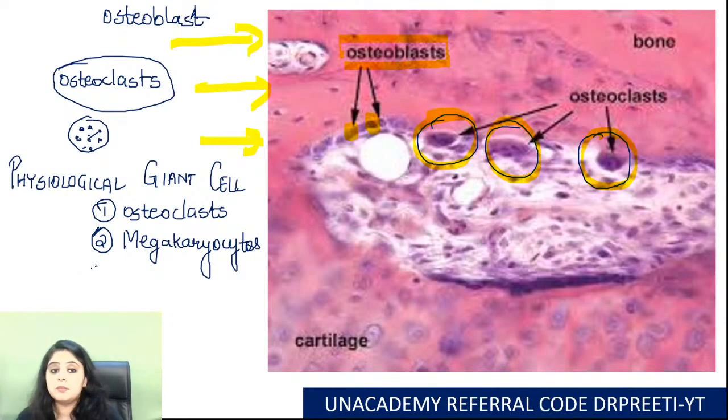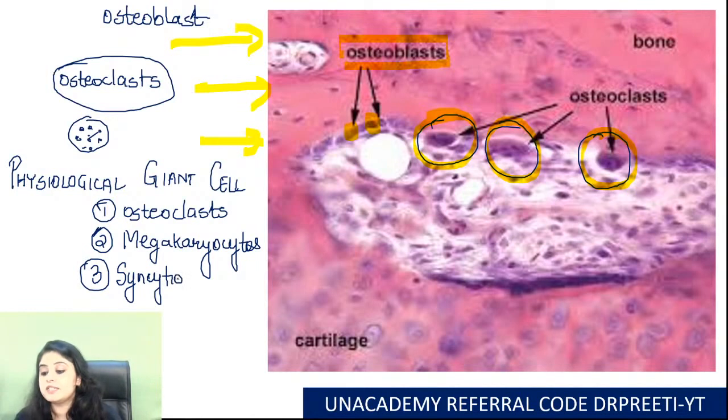Number three, any giant cell that you see in the placenta formation. Okay, I've got one answer, megakaryocytes, by Dr. Akriti. That is great, and Dr. Vikas has mentioned the third one also. That is syncytiotrophoblast. Placenta, syncytiotrophoblast.